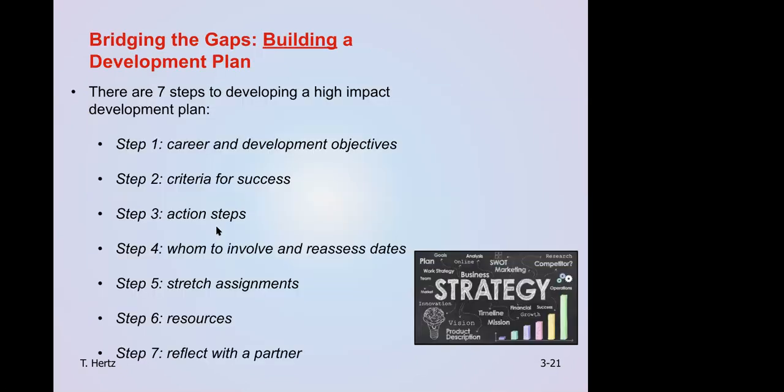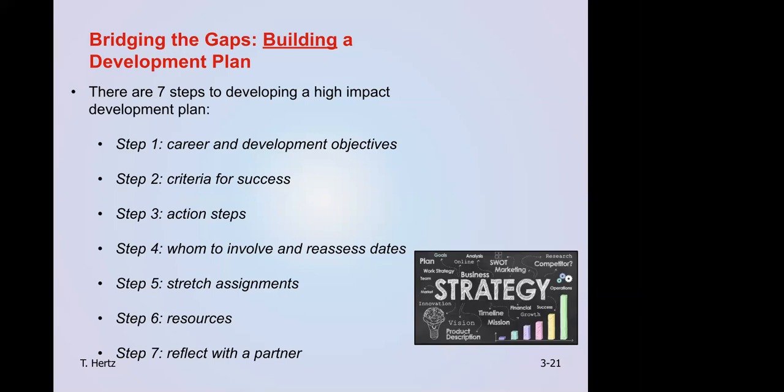What do you need to do to fill that gap and to get to where you need to be? That's really effective. And the fact that you're doing this with input from outsiders and feedback from your supervisors and mentors makes it a very, very effective process for developing yourself.